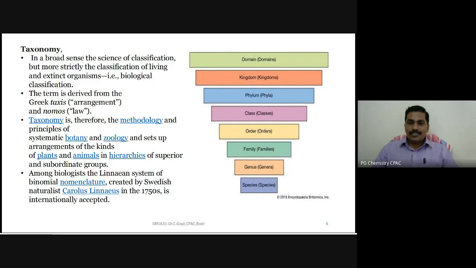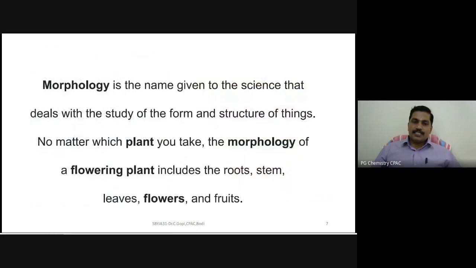Phylum encloses classes. Classes enclose orders. Orders enclose families. And the families enclose genus. Genus encloses species. Under the species, clone, variety, all those things come. Okay. So everything I have discussed earlier.